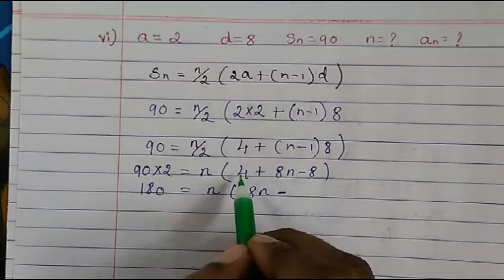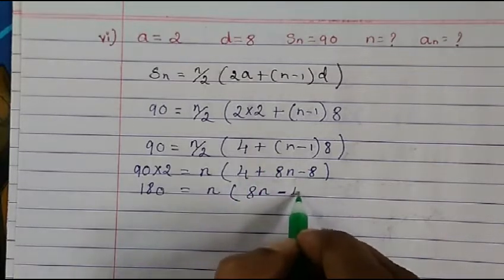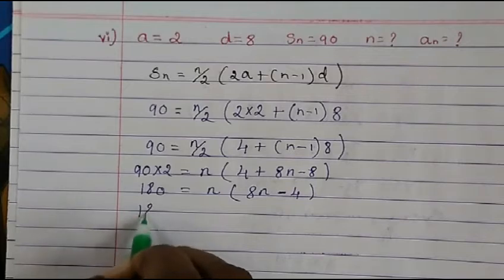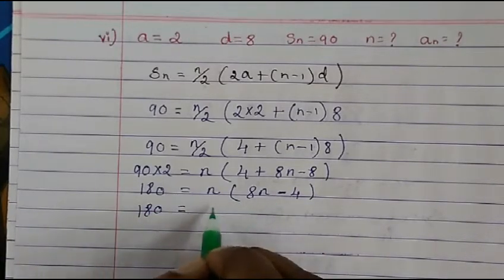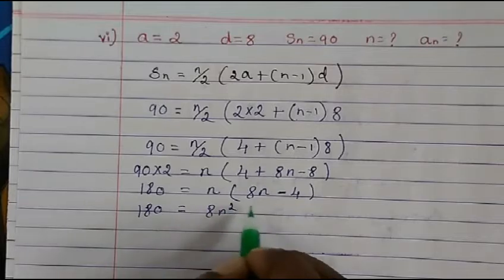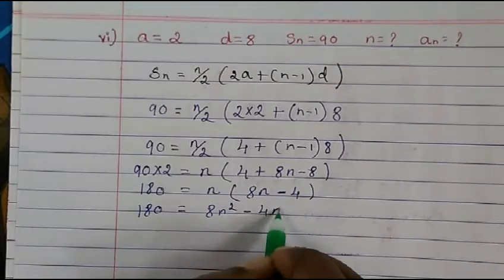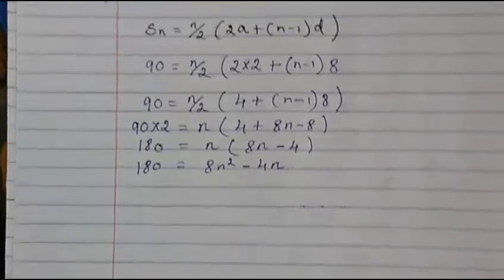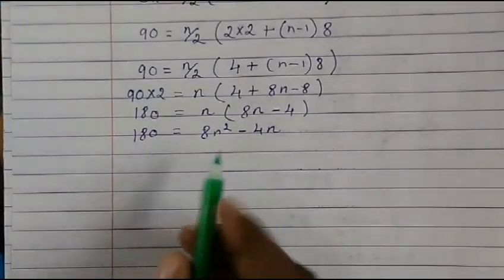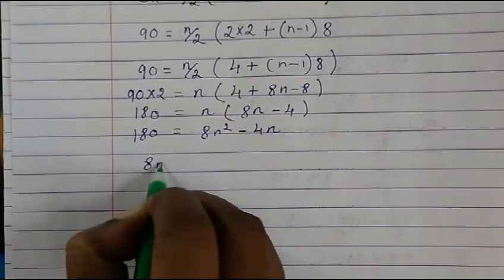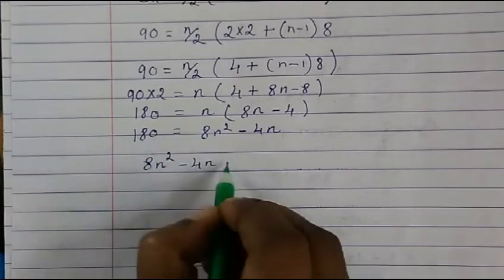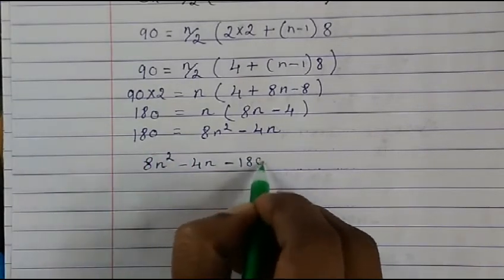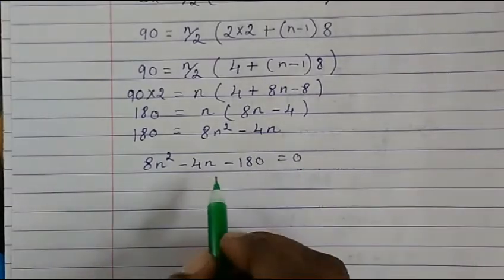From 8 if you subtract plus 4, we will get 4 here. So now 180 equal to, with n you multiply, you will get 8n square minus 4n. So let's write it in the equation form. So we'll get 8n square minus 4n. This is in plus, it will come in minus 180 equal to 0.